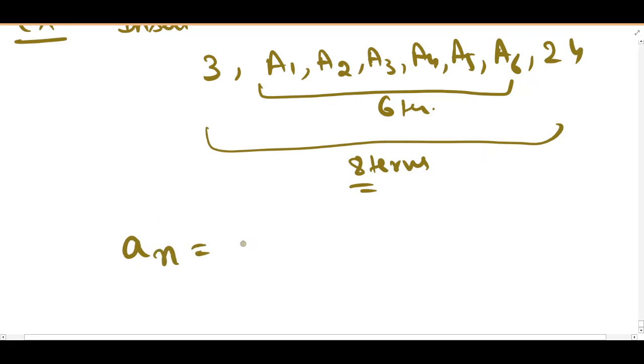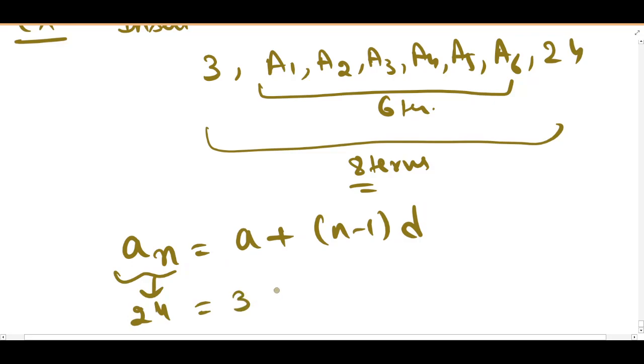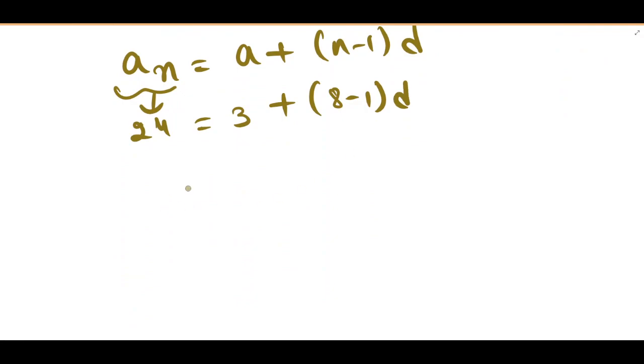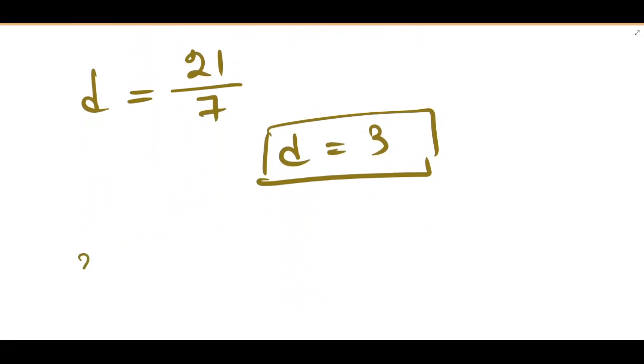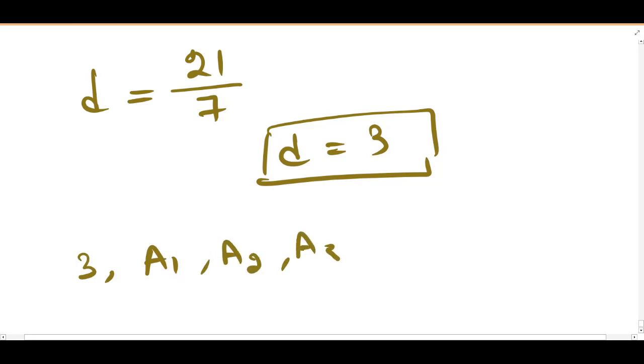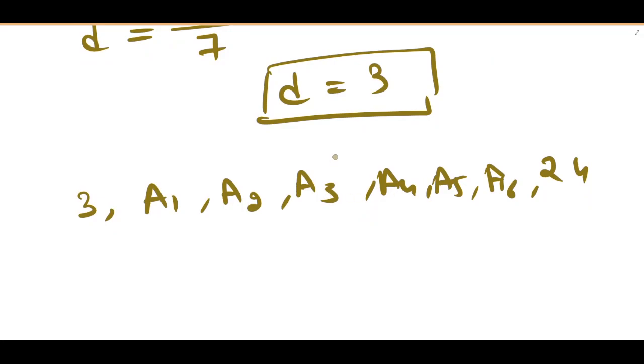So an is equal to a plus (n minus 1)d. The eighth term is 24 and the first term is 3. So we get 24 equals 3 plus 7d, so d is 21 divided by 7, and the common difference is 3.